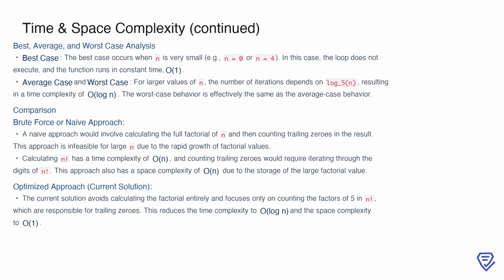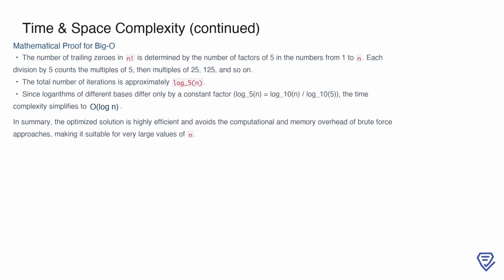more efficient. To understand why the time complexity is O(log n), we can look at the mathematical reasoning behind it. The number of trailing zeros in n factorial is determined by the number of factors of 5 in the numbers from 1 to n. Each division by 5 identifies the multiples of 5, then multiples of 25, 125, and so on.